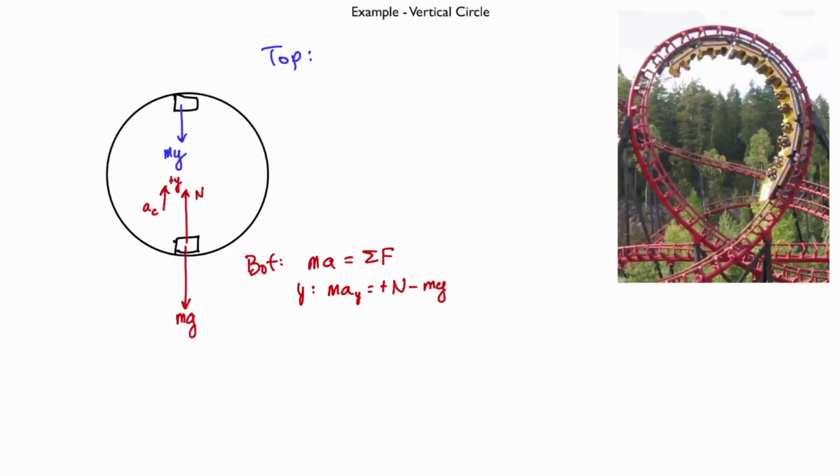They're upside down, and the surface of contact is up there, and therefore the track can only push down on them. Which way is the acceleration? Towards the center of the circle, which also happens to be down. So which way are we going to make positive? Down. Everything's down from here on out.